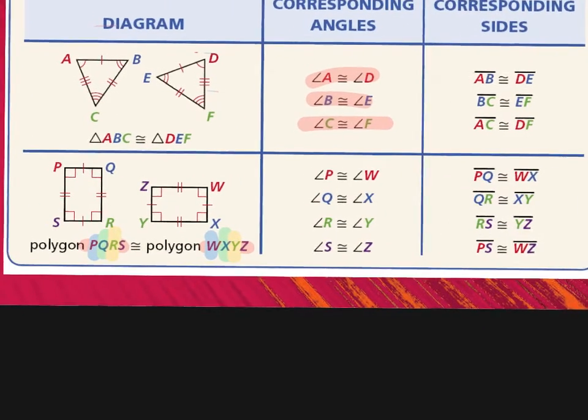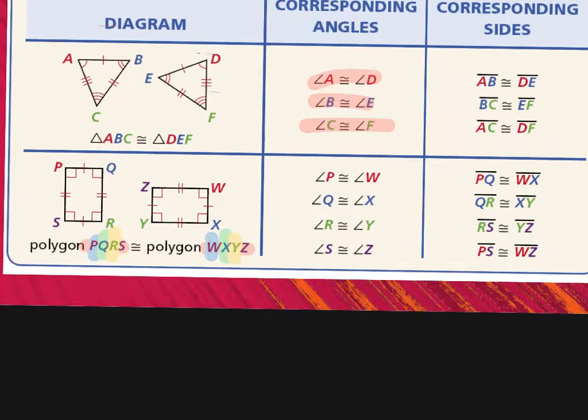The order of the letters tells me that P goes with W because they're both the first in that name. Q goes with X because they're both the second. R goes with Y, they're both the third. And S goes with Z because they're both the fourth.